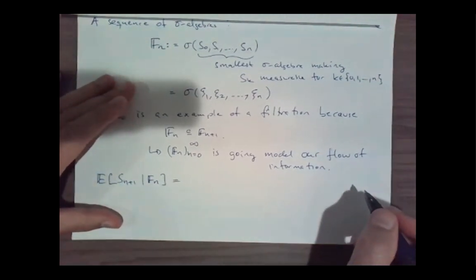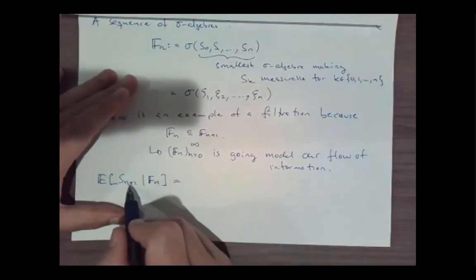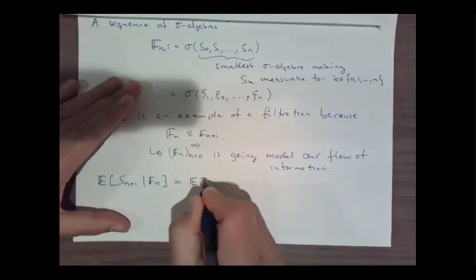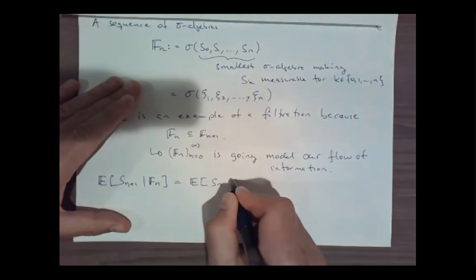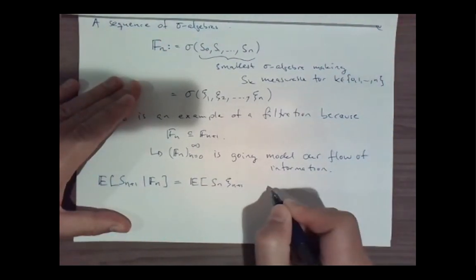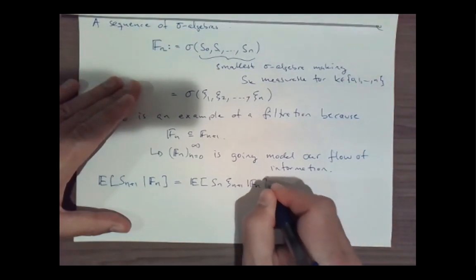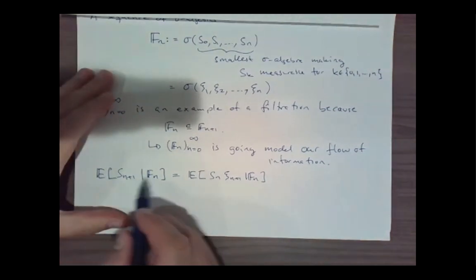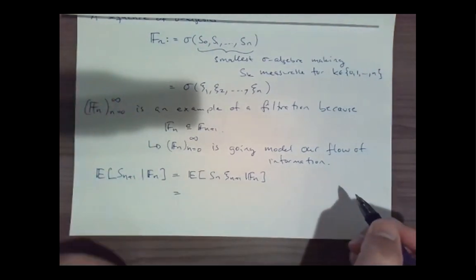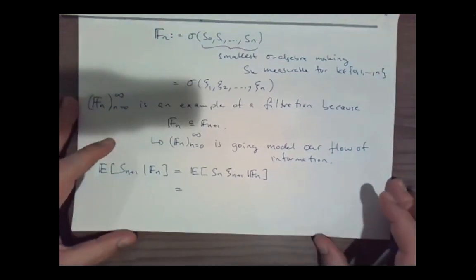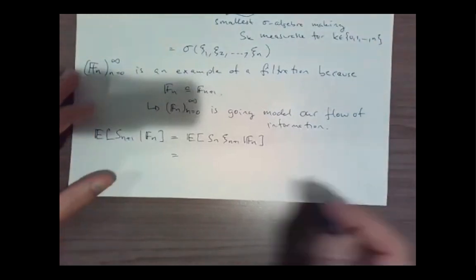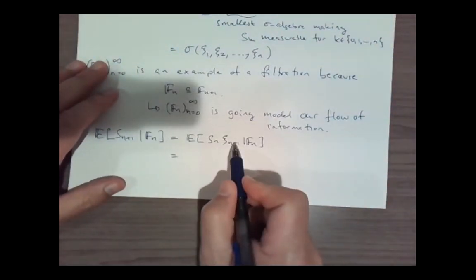Well, we'll replace Sn plus 1 with the definition that we just had. The multiplicative rule was Sn, then the coin flip, and then condition. So then what do we do? Well, now it's time to use some of the properties that we have discussed related to conditional expectations. So we will have Sn here, and then we have a product.